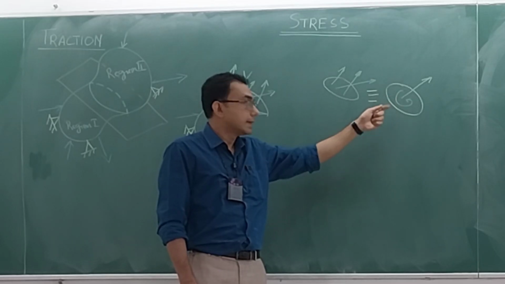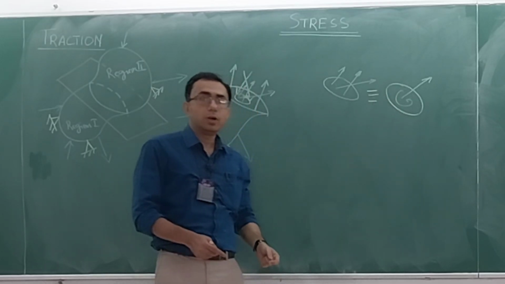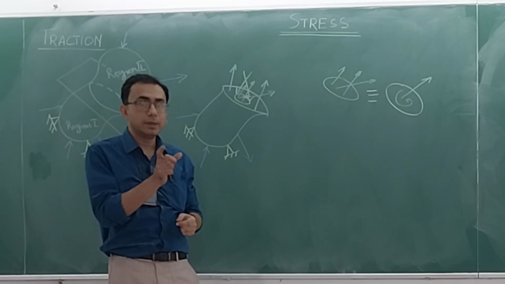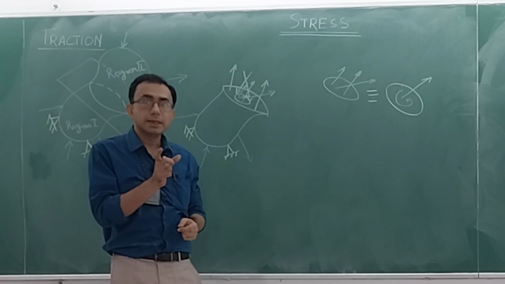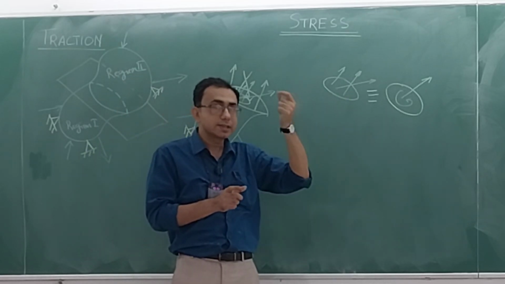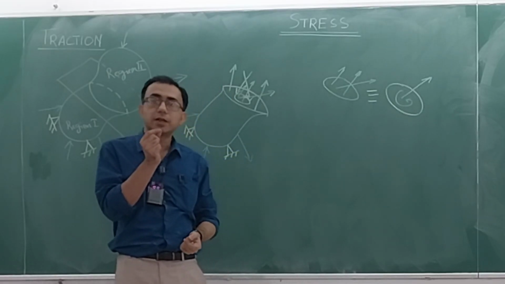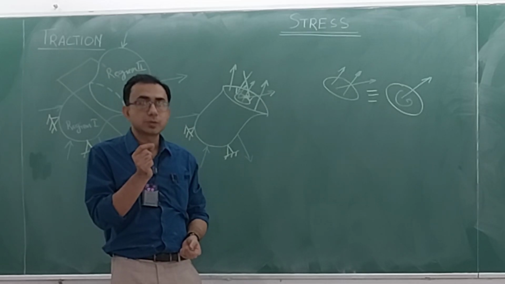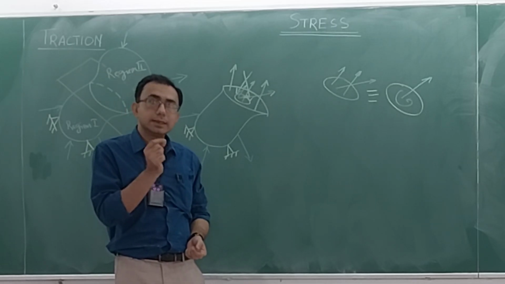The reason is that this couple is actually what? It's a couple of forces, right? There is a moment arm in between. That moment arm, as the region shrinks in area, is becoming smaller and smaller.